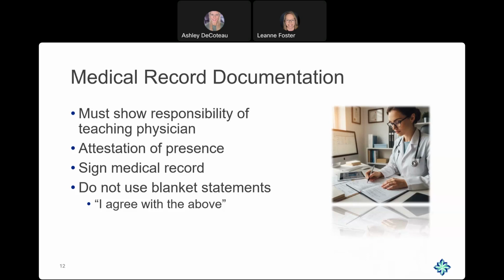If the resident does not document this, it can be documented by the teaching physician or nursing staff that were present during the visit. Now remember that the attestation statement should be done at the time of documenting the service, and if it's done at a later time, the documentation would need to include the reason for that late entry.